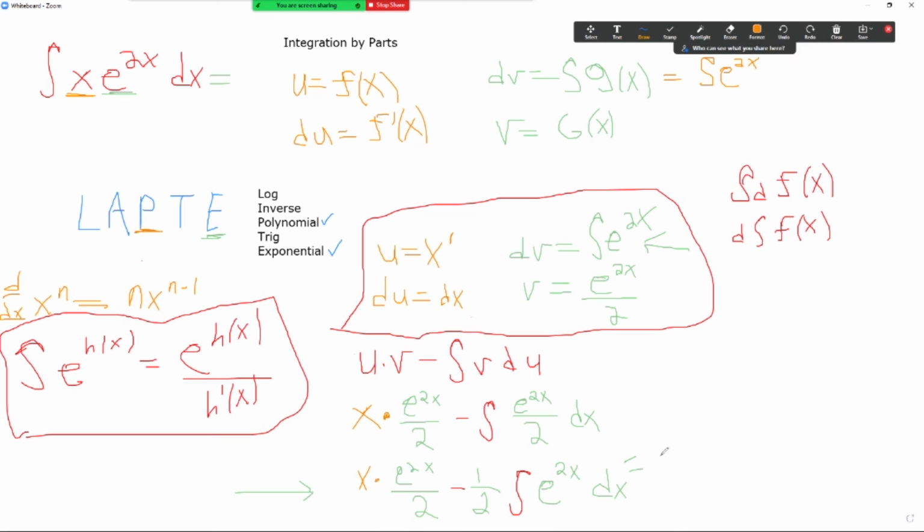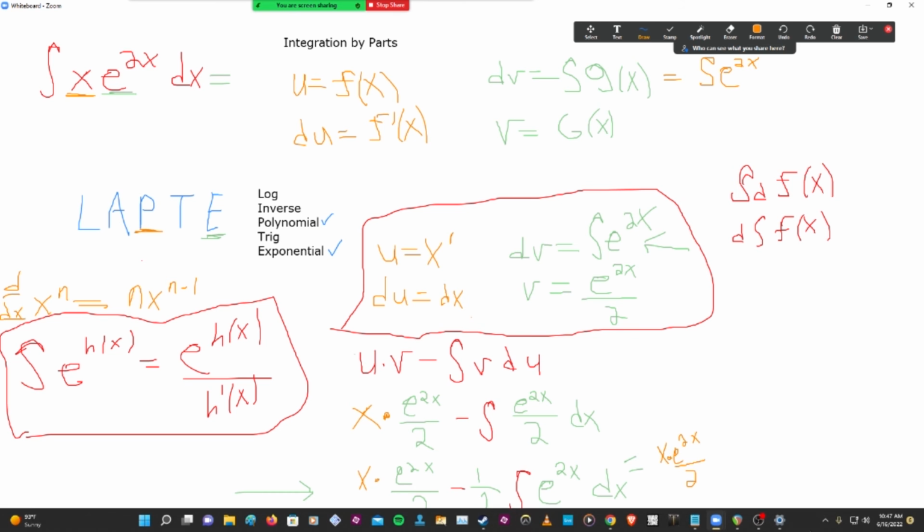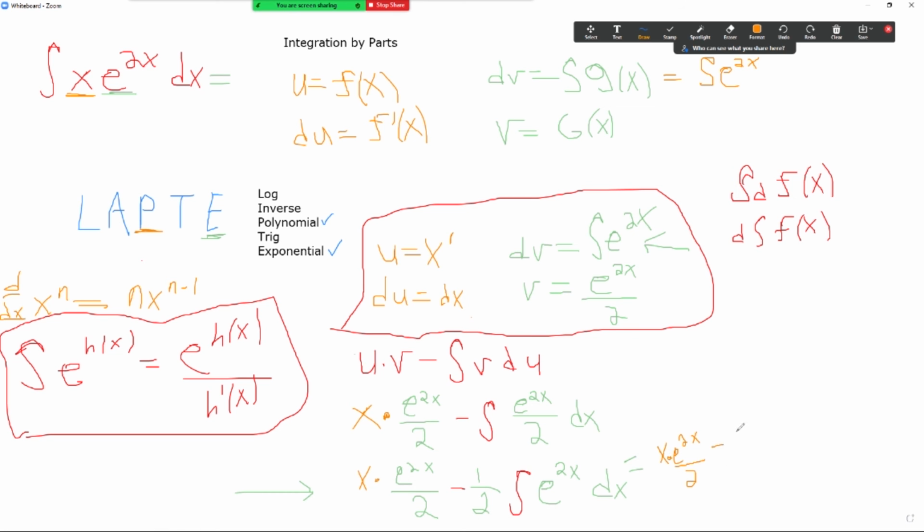So again, this becomes x times e to the 2x divided by 2 minus 1/2, and I'm putting parentheses here just to let myself know I haven't distributed the -1/2.